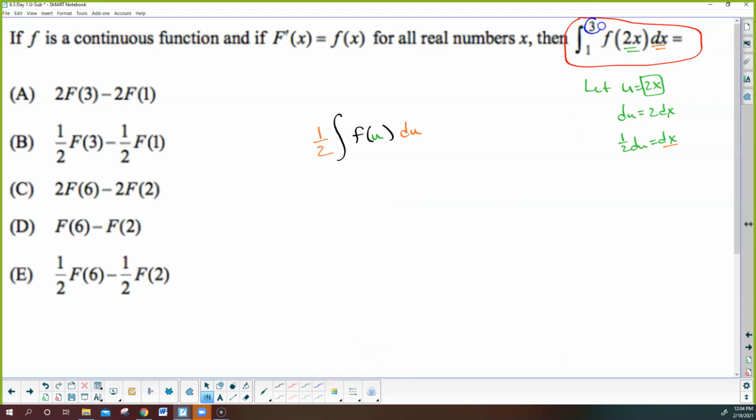And then I've got my bounds. These bounds are right now in terms of x, so I need to rewrite them, right? So 2 times 3 gives me 6, and 2 times 1 gives me 2, and here's my upper, my lower, 6 to 2.